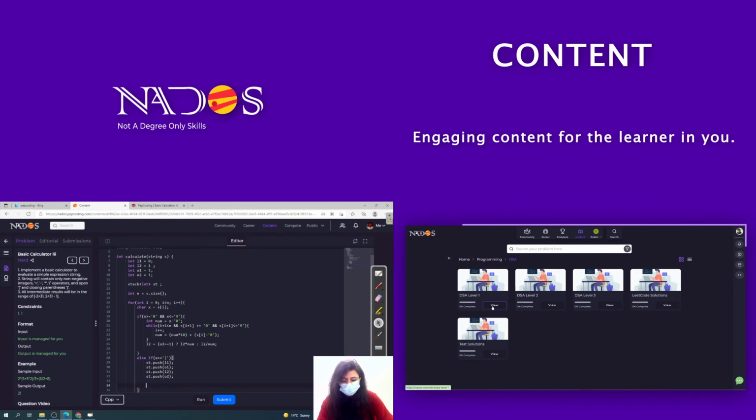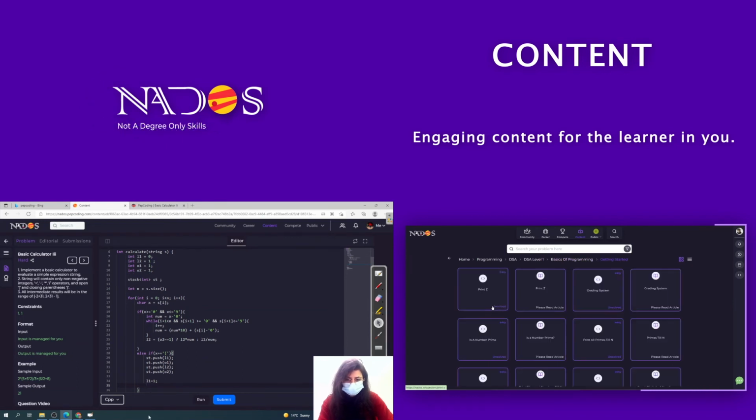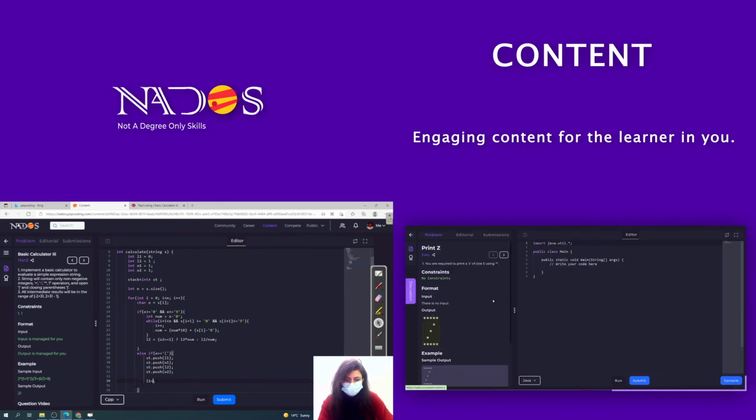Right. Update the values again. Sorry, L1 would be 0.